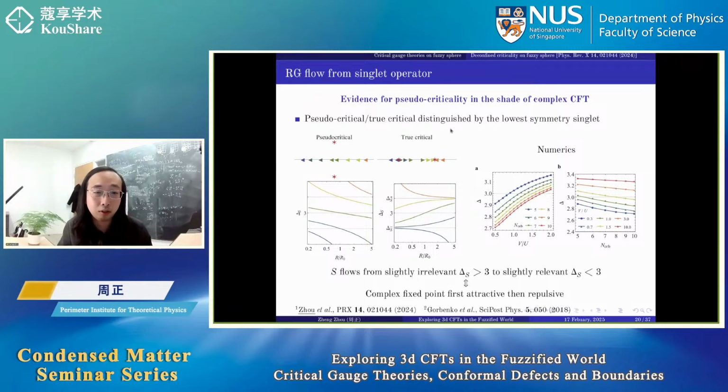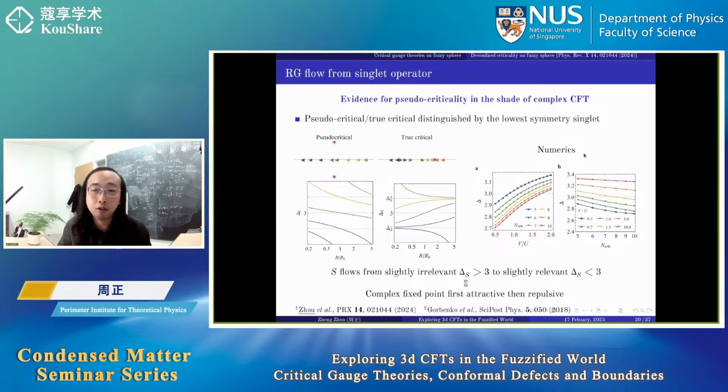So in the pseudo-critical case, the singlet S will flow from slightly irrelevant to slightly relevant, whereas in the true critical case, the flow is first repulsive and then attractive, which means the scaling dimension will increase from below 3 to above 3.